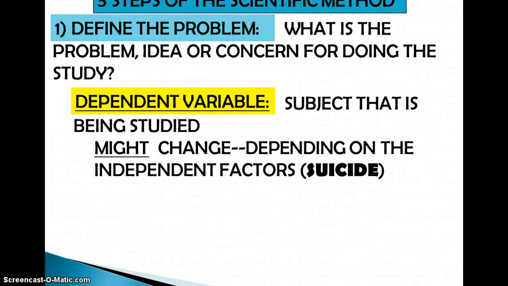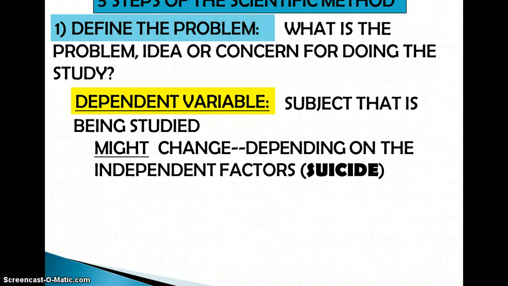Now, when you come up with your idea for your research, you need to come up with both a dependent variable and an independent variable or independent variables. The dependent variable is the subject that you are studying, okay? So if I want to study why so many students are getting D's and F's, that's my dependent variable, grades of students in the 2014-2015 school year.